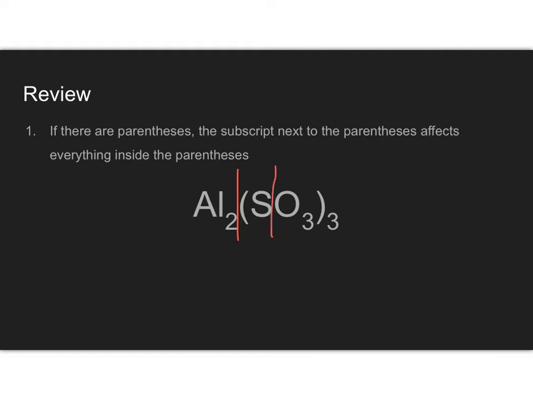So the first one is the easiest one. There's a little 2 next to the aluminum, so that means there's 2 aluminums. And then inside the parentheses, there's sulfur and oxygen, and the oxygen has a little 3 next to it, which would mean there's 3 oxygen. However, the fact that there's a 3 outside the parentheses means it multiplies times everything that's in the parentheses.